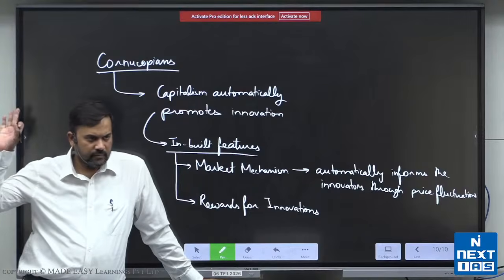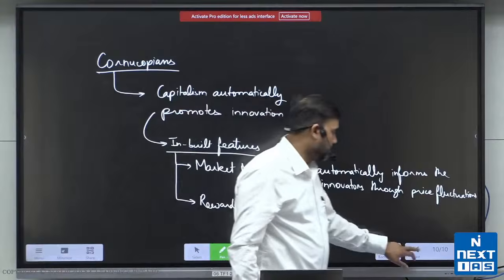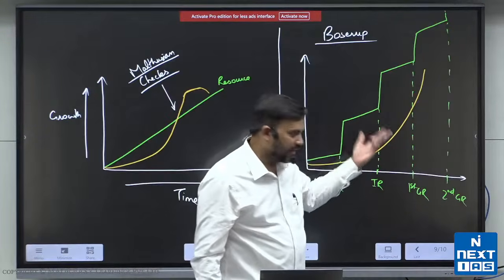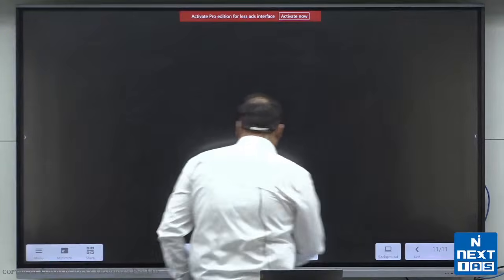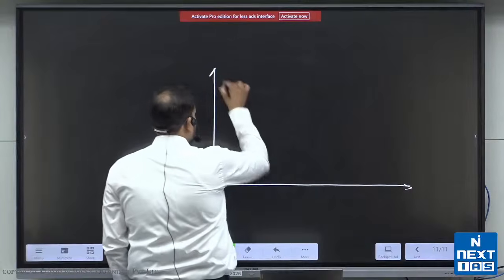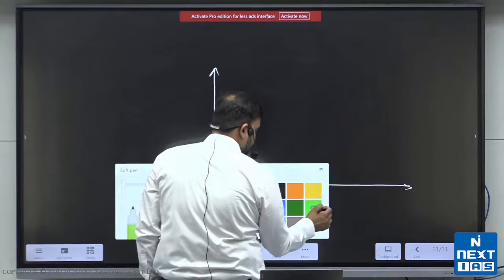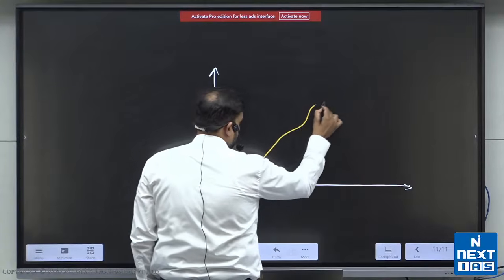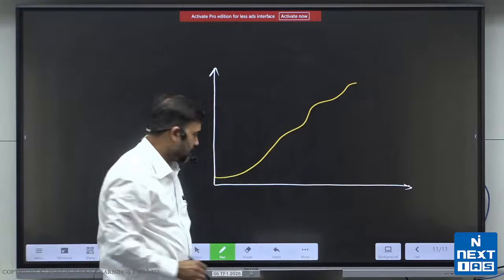I hope it is clear. So this is the idea given by cornucopians. This is the basic understanding of what they are trying to say. A variant diagram of this is the Boserup diagram. Another cornucopian has given this diagram, and so this is your population growth taking place.